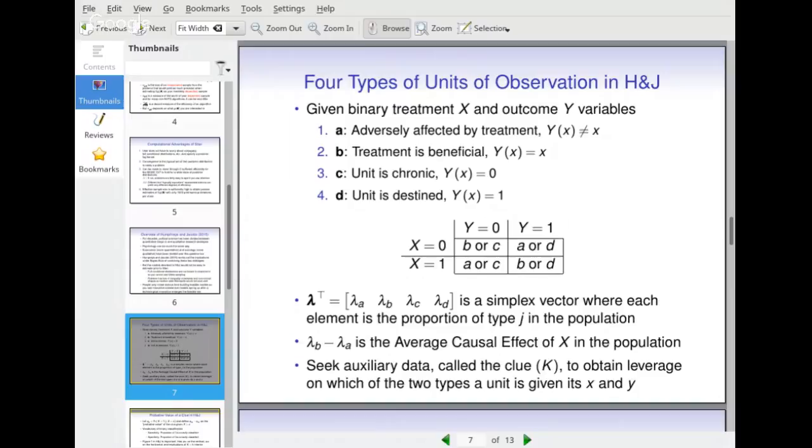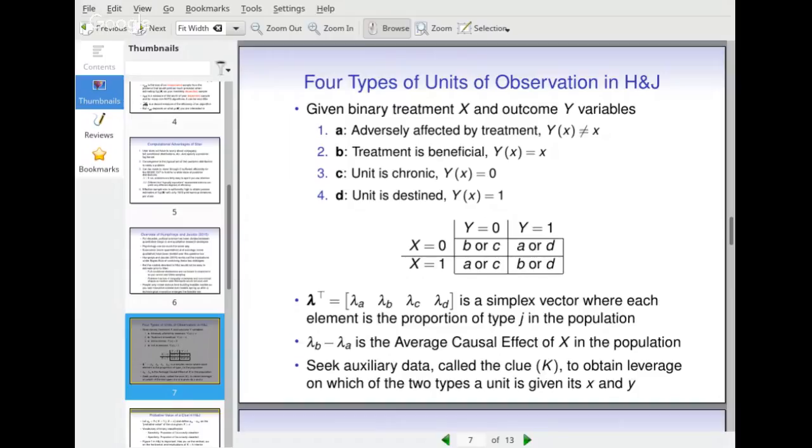But then you need to seek auxiliary data, which requires you to go beyond looking something up on Wikipedia, to find what's known as the clue or clues, abbreviated K in the presentation and the paper. These are additional information that gives you more leverage, at least probabilistically, on which of the two types a country could be after we've observed its X and Y. So we know which quadrant of this table the country falls in, but we don't know whether it's B or C.